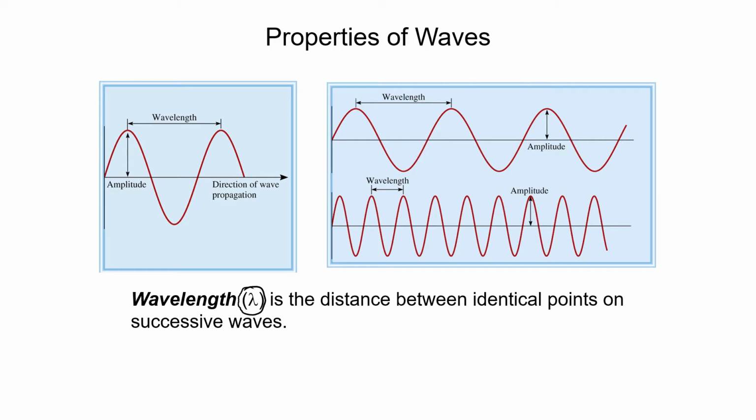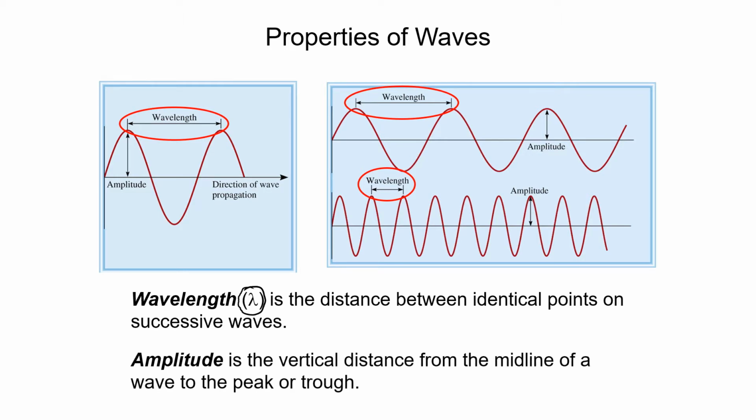The longer the wavelength, the lower the energy, and the shorter the wavelength, the higher the energy. Units of length are used to describe wavelengths and typically are given in nanometers. So wavelength is measured from crest to crest, or it could be trough to trough in that wave.